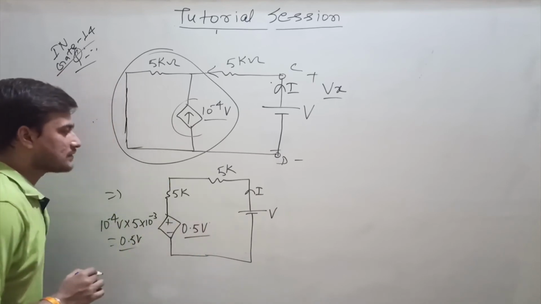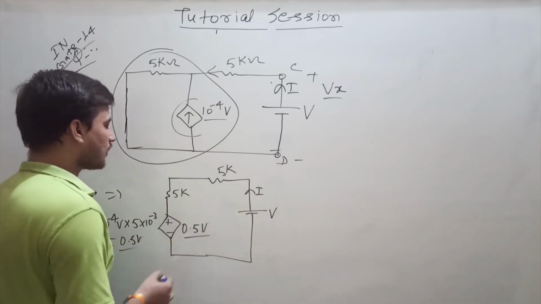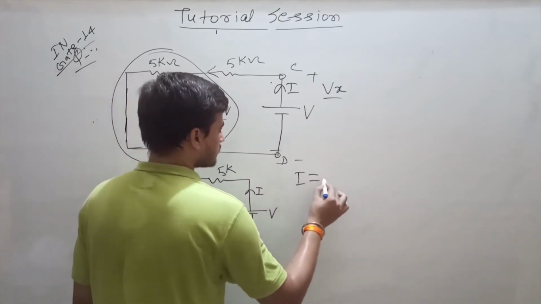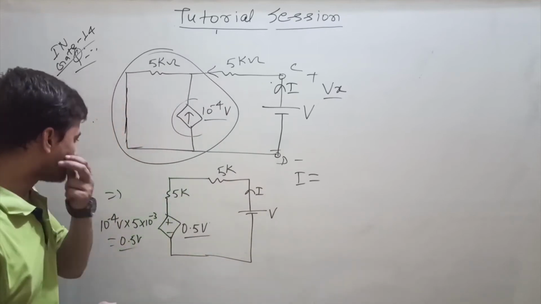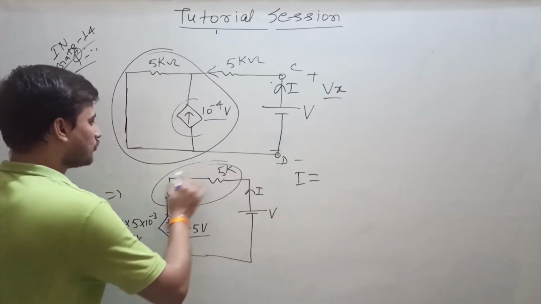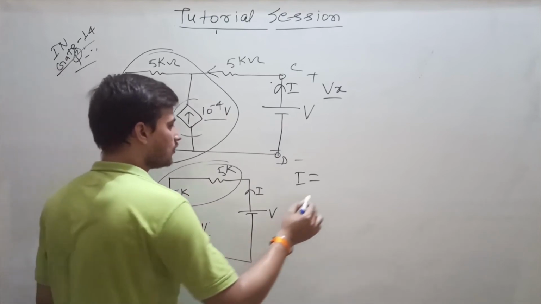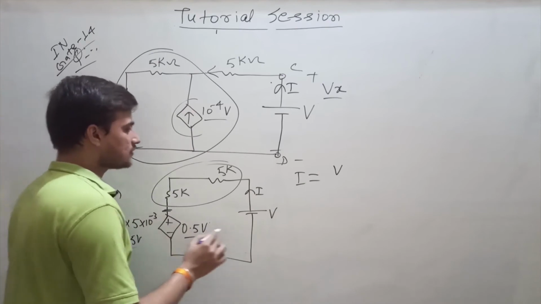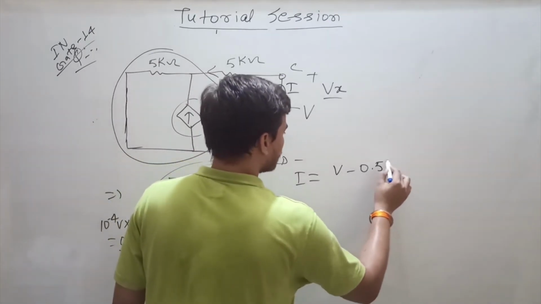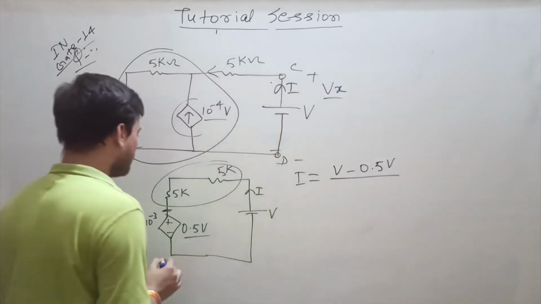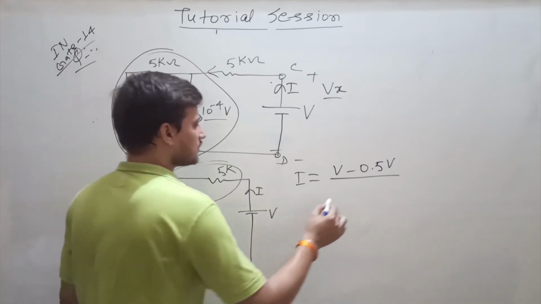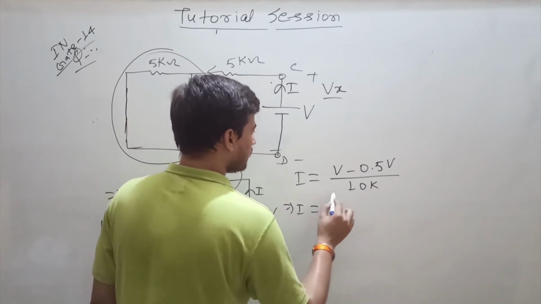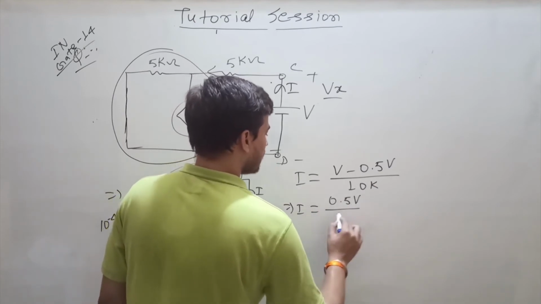If this potential is 0.5V, next you can easily apply Ohm's law in this branch. The two resistors are 5 plus 5, that is 10K. The potential at this point is V, and the potential at this point is 0.5V. So I will be equal to V minus 0.5V divided by 10K, that means I will be equal to 0.5V divided by 10K.